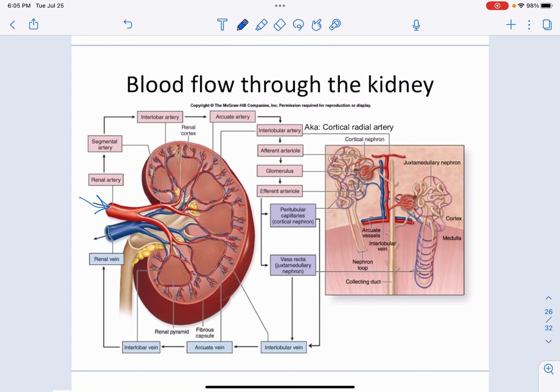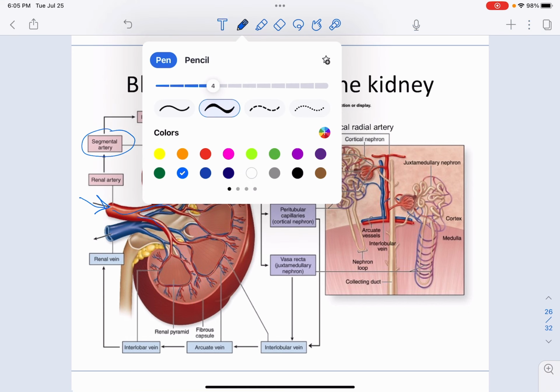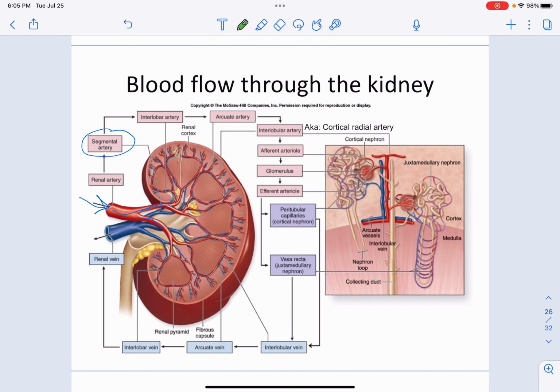All right, so first, lots of blood is going to flow through the renal artery. You can kind of see it flowing here. The renal artery is going to branch into what is called a segmental artery. You can see that branching happen there. I'm going to choose green or it's going to get confusing.